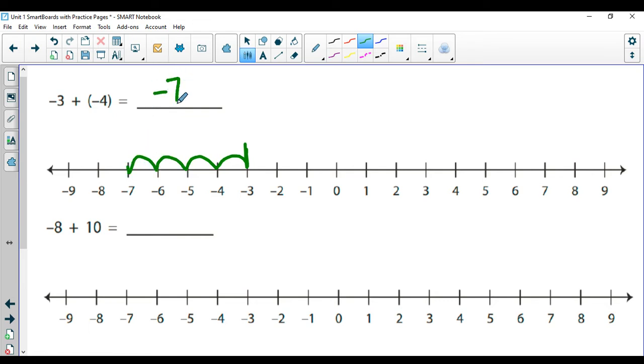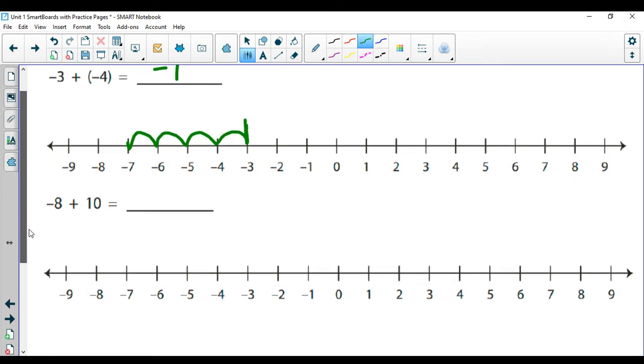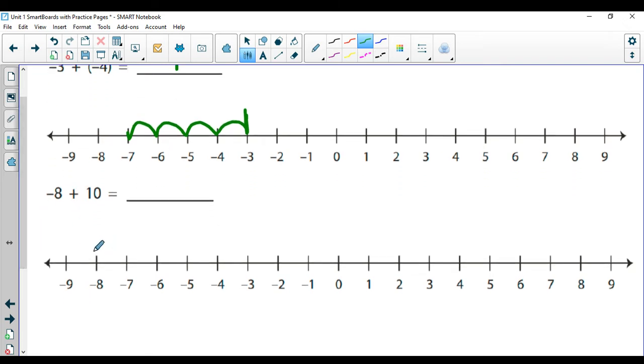That's going to take us to -7. The last one here starts at -8, and it's a +10, which tells us we're going to move 10 to the right. So 1, 2, 3, 4, 5, 6, 7, 8, 9, 10, which brings us to a final answer of 2.